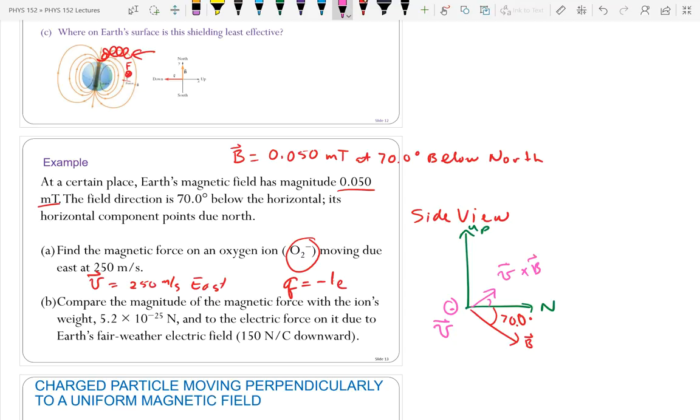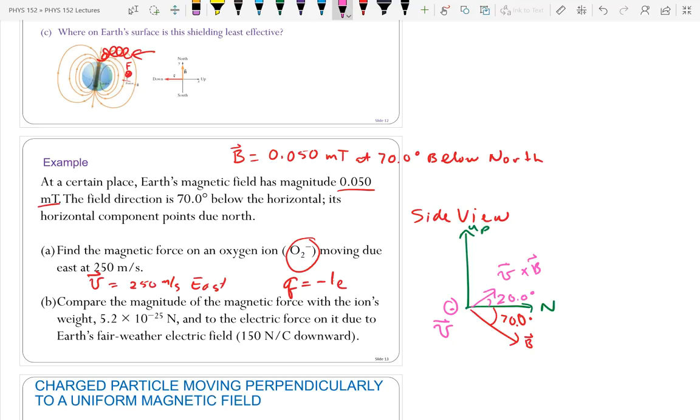That's the direction of V cross B. How do I know it's 20 degrees? Because 70 plus 20 is 90. It's got to be a right angle.